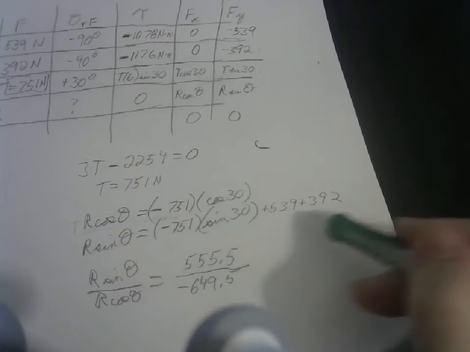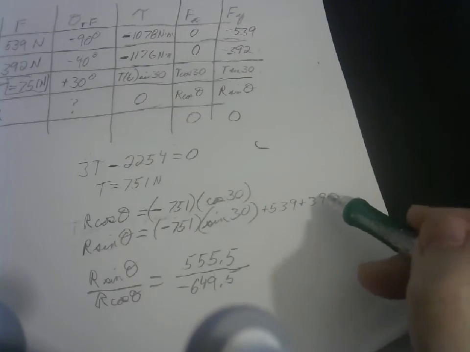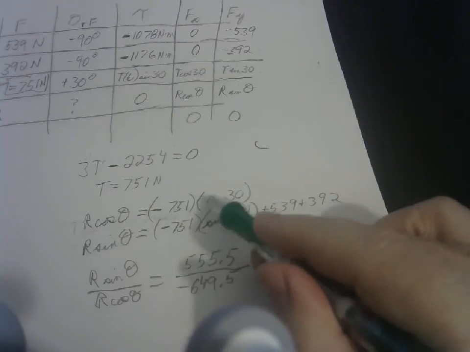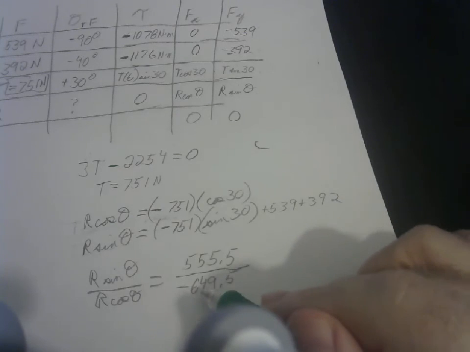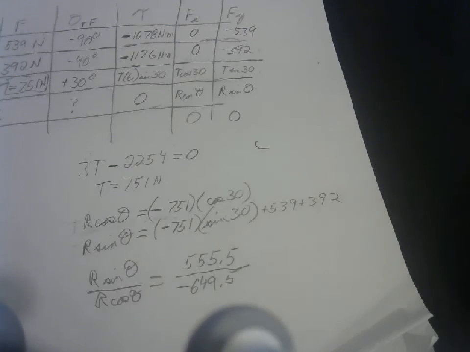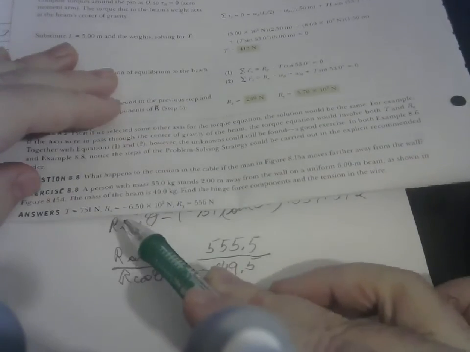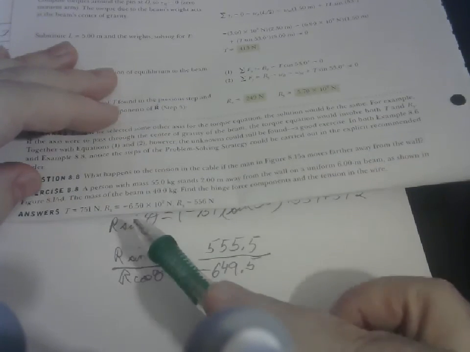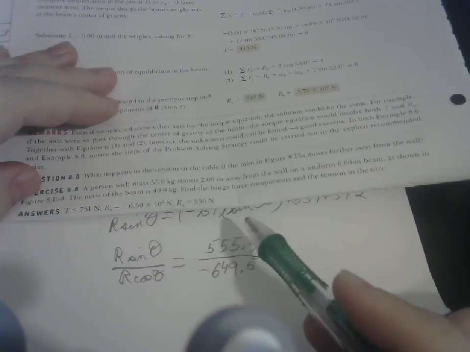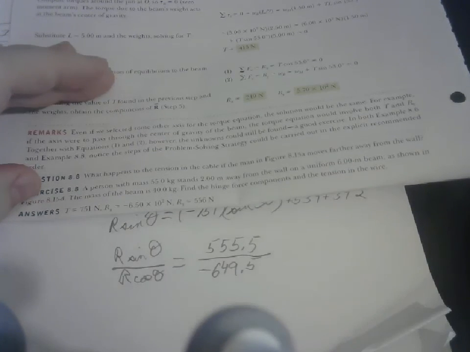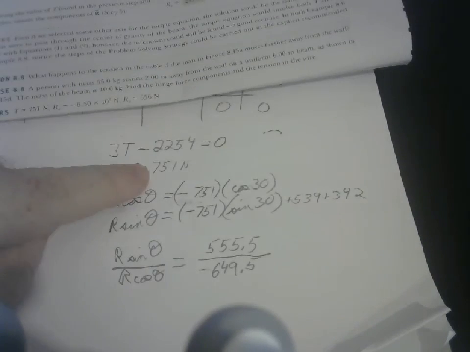So all of these numbers, our r sine theta comes out to be 555.5, and our r cosine theta comes out to be negative 649.5. And I was just about to try to solve for theta and r, but I realize now I've already got the answer that it was asking for, the 556 and negative 650 and the 751.